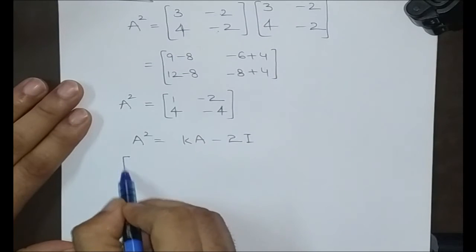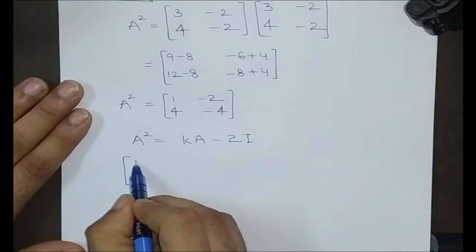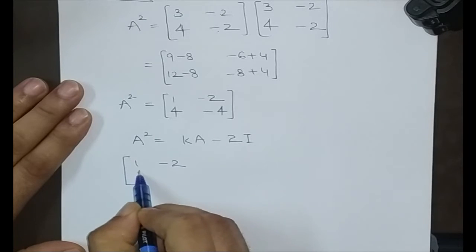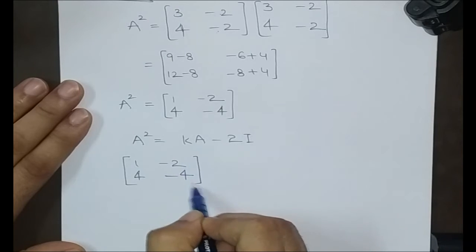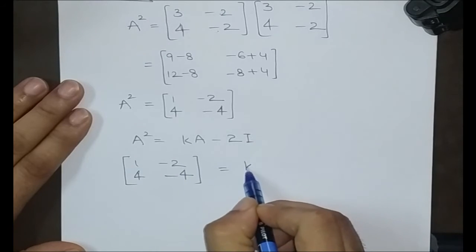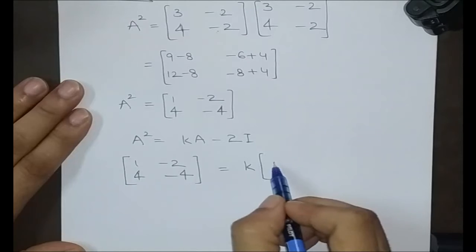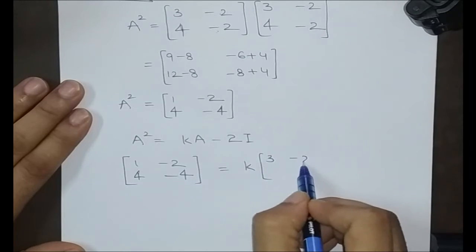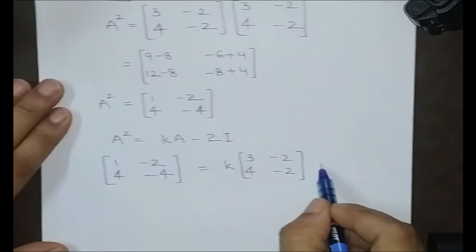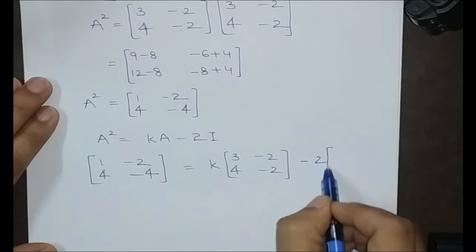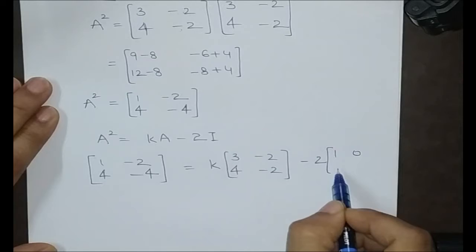A square is [[1, -2], [4, -4]] equal to K times A, which is [[3, -2], [4, -2]], plus I, which is [[1, 0], [0, 1]].